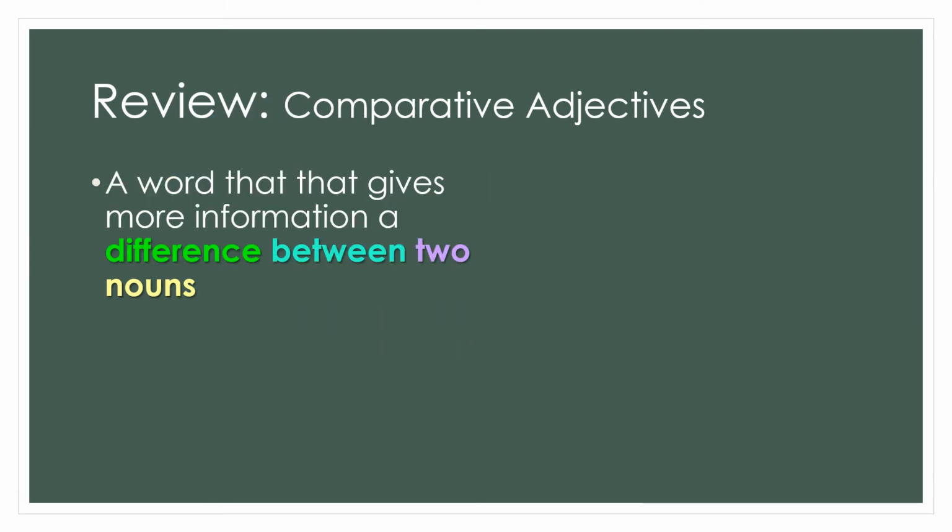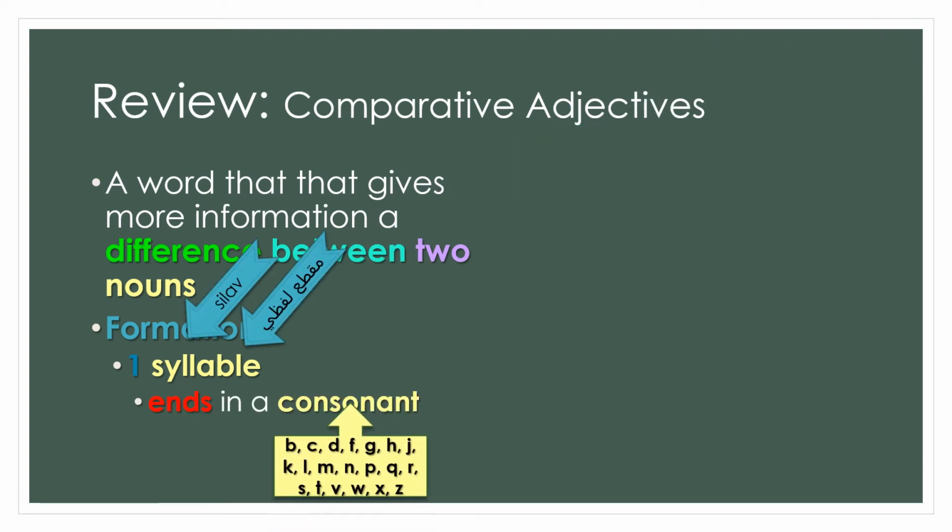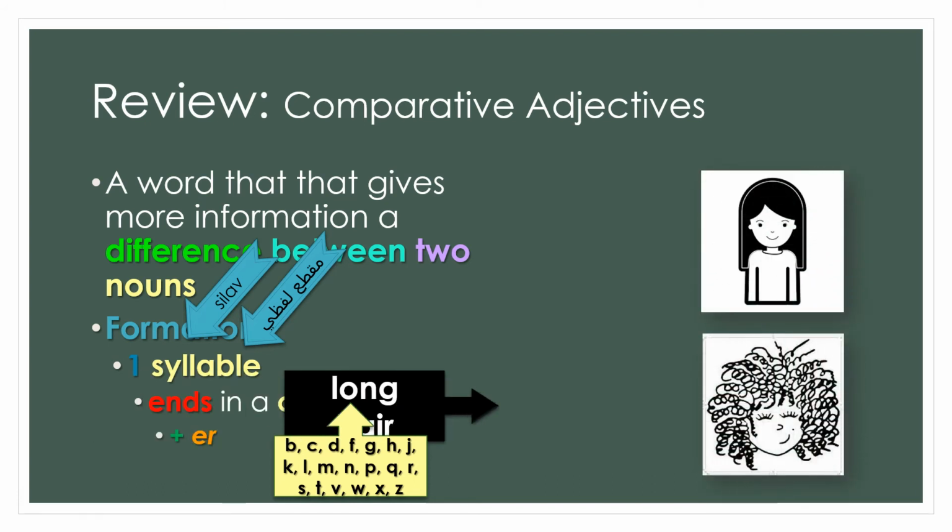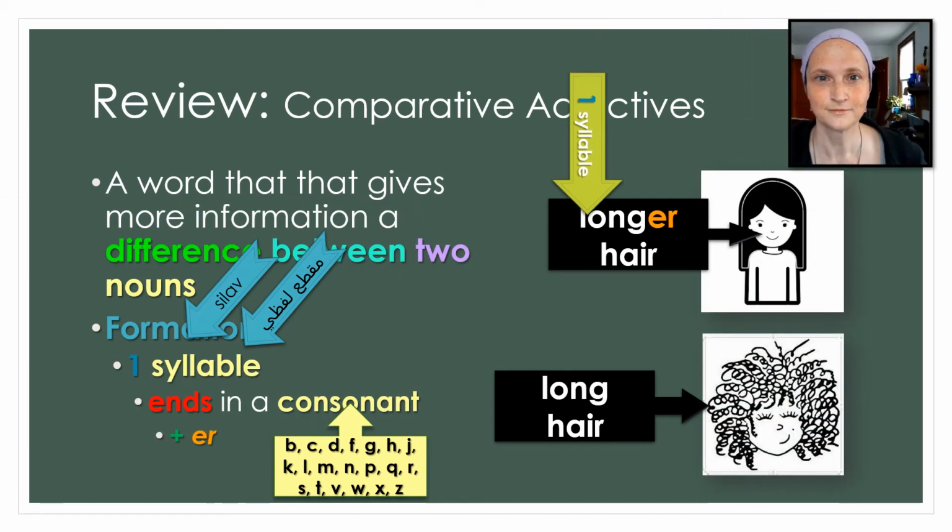To review the formation of comparative adjectives, if you have a one-syllable comparative adjective that ends in a consonant, you add the letters ER. Long, one syllable, longer.